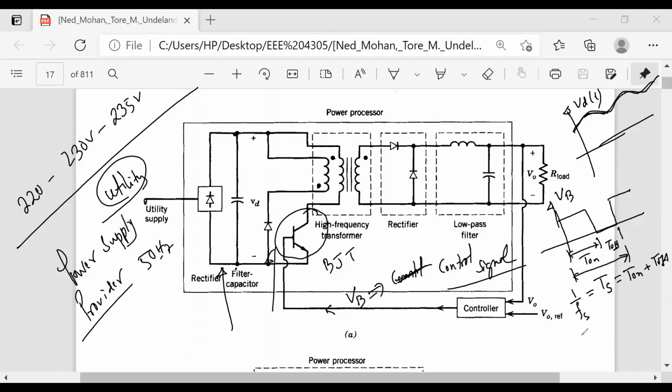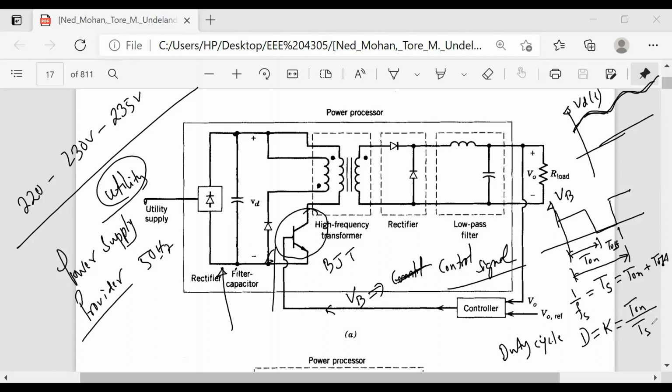And then there is D, sometimes people call it K, we call it the duty cycle. That is nothing but T on by Ts. Do you know this? Yes, sir. Your sir should have already given you the idea of the duty cycle, right?